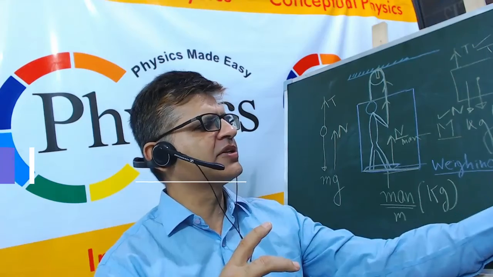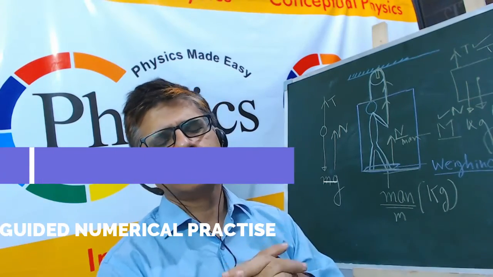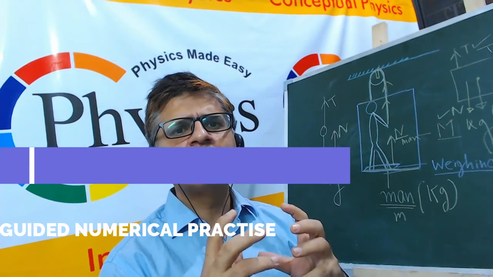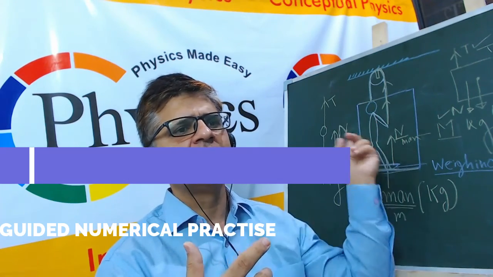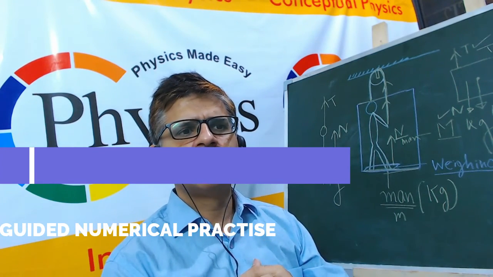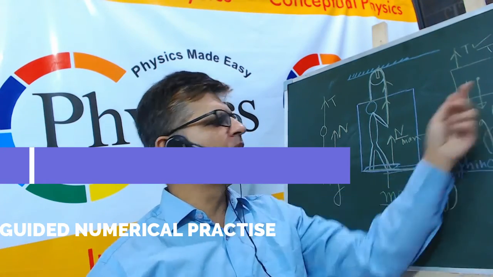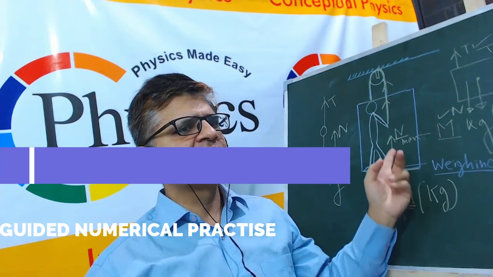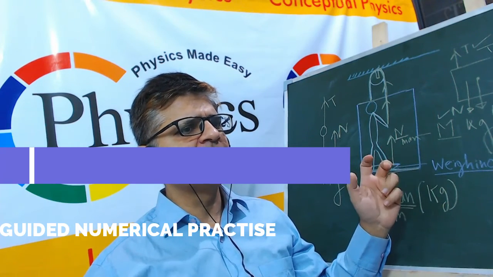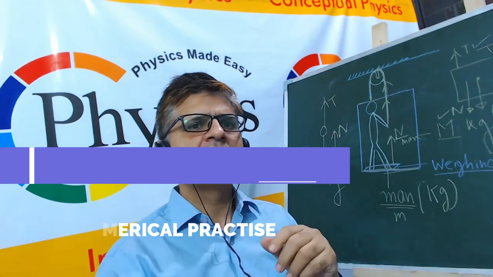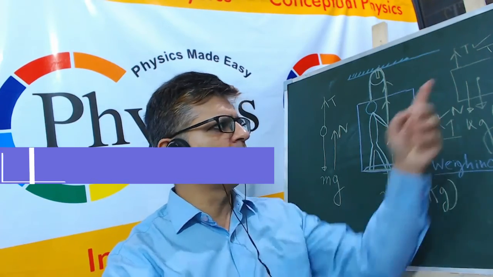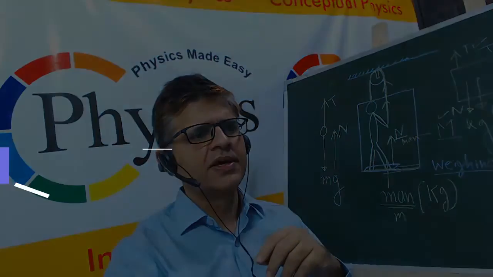I hope this gives you a glimpse of what normal reaction is and how you handle such a question. I think the main problem here is the normal reaction between the two, which gets difficult. If you draw the free body diagram very carefully, you can solve both the equations. Thank you very much.